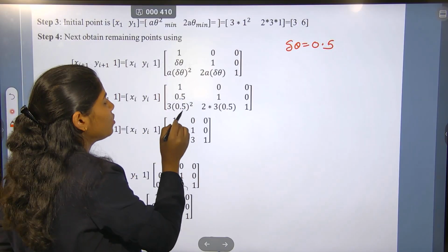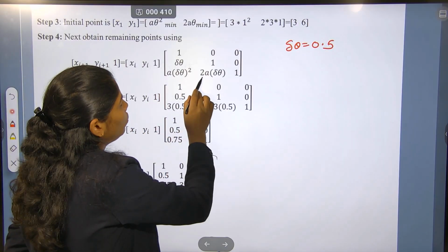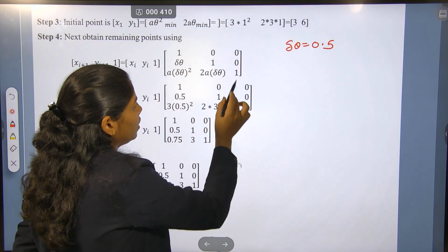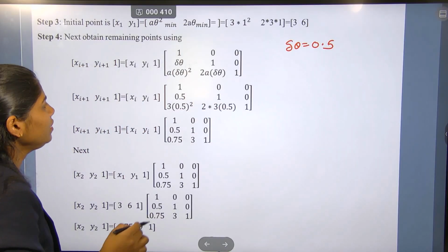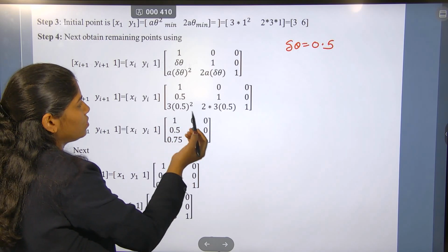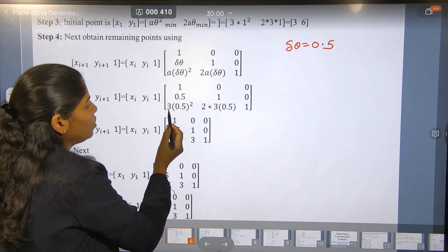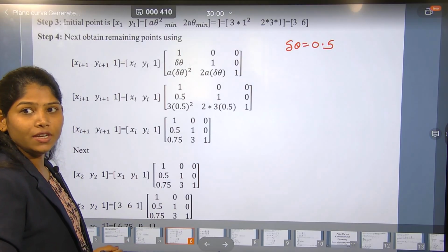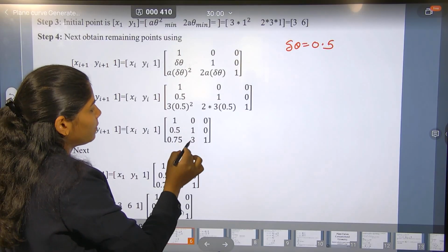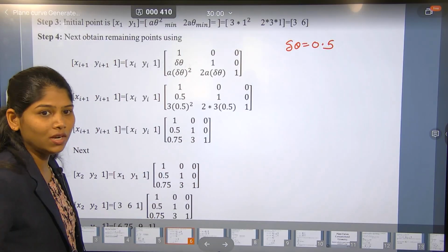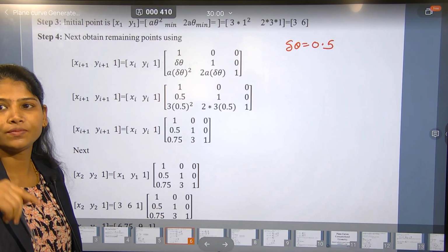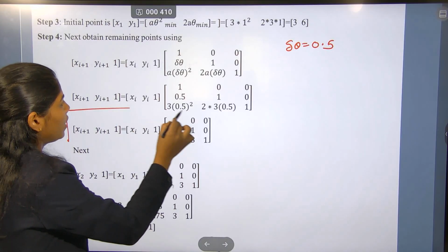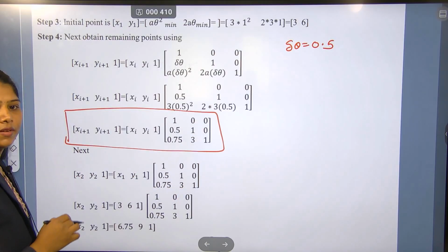So 3 into 0.5 square, 2 into 3 into del theta 0.5, into 1. Then solve it: 1, 0, 0, 0.5, 1, 0, 3 into 0.5 square is 0.75. This multiplication is 3, and write down 1 as it is. Then after getting this formula, go for points.